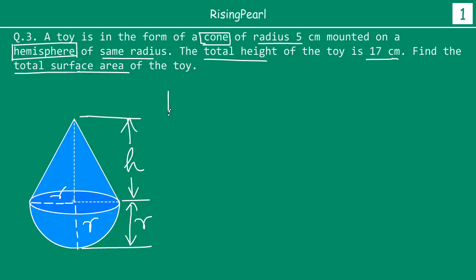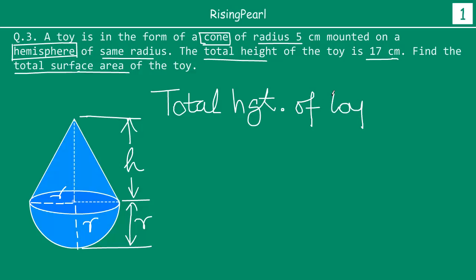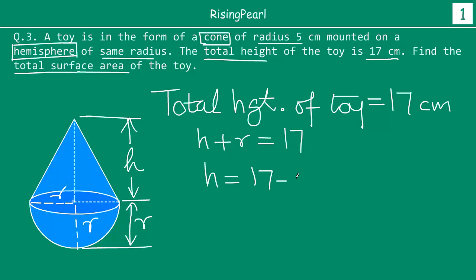What is given in the question is that the total height of the toy is 17 centimeter. Total height is h plus r, so h is equal to 17 minus r.